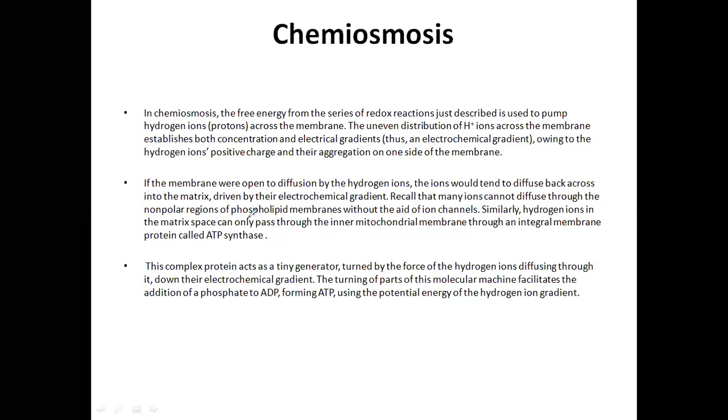They cannot pass through without the aid of ion channels. Similarly, hydrogen ions in the matrix space can only pass through the inner mitochondrial membrane through an integral membrane protein called ATP synthase. We require an ion channel which transports protons from the periplasmic space to the inside.